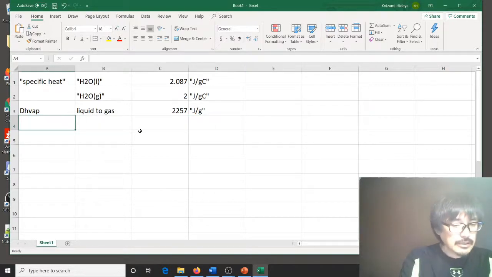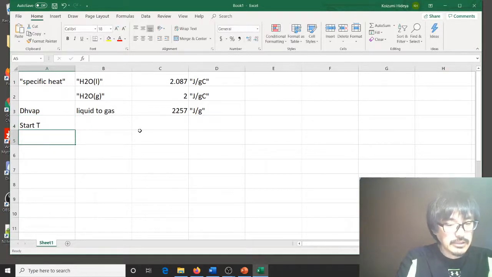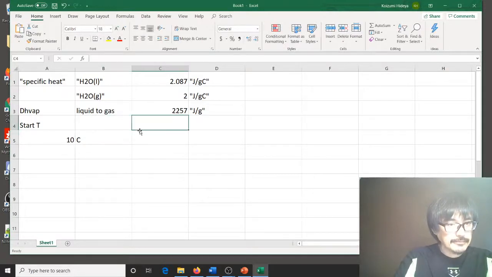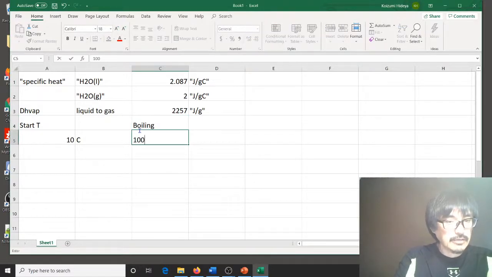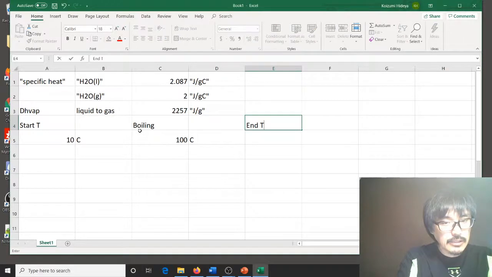And then the water starting temperature is 10 degrees Celsius. And then water boils at 100 degrees Celsius. And then the end temperature is 110, right?